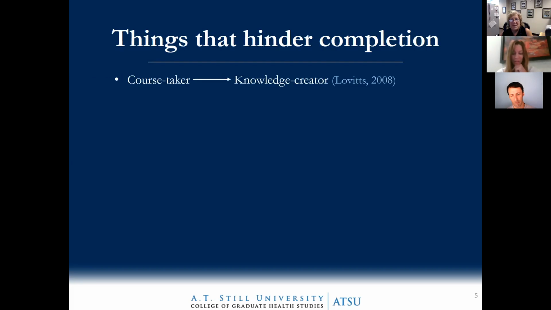Becoming a knowledge creator after being a course taker is a very difficult transition to make for many people, because with the culminating project, they really are creating new knowledge, and they just did a bunch of core courses where they were mostly consuming existing knowledge. This is a big leap that a lot of students ultimately have a very difficult time making, and some just do not end up doing it.